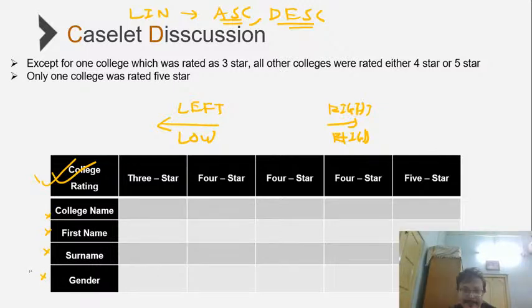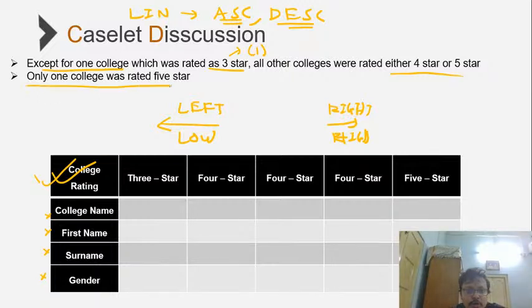So to help on that visual aspect, give your column header as college rating. It's already mentioned that except for one college rated as 3-star, all others are 4-star or 5-star, which means the count of 3-star colleges is 1.